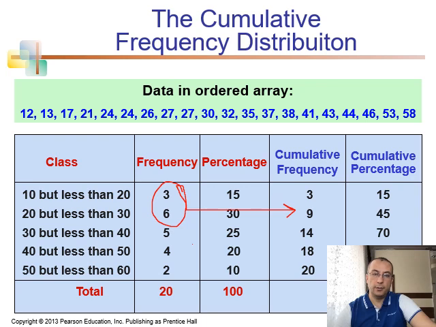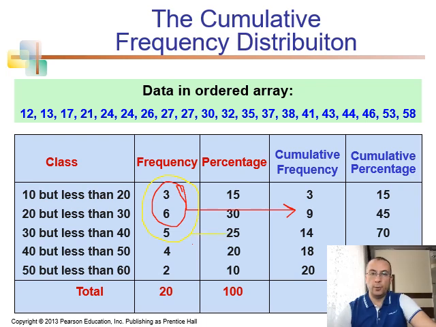So let's change the color, let's make it yellow. If you look at all the numbers here, from 10 to 20 we have 3, from 20 to 30 we have 6, from 30 to 40 we have 5.